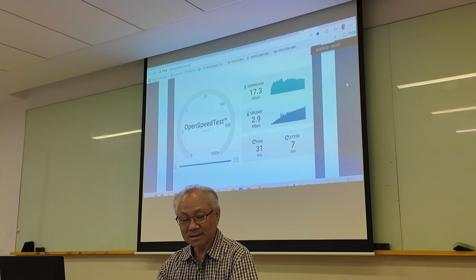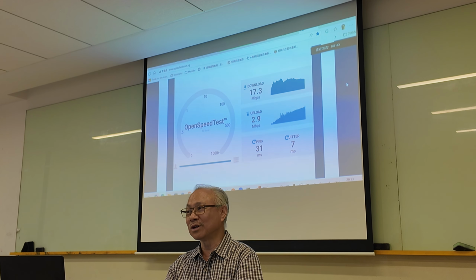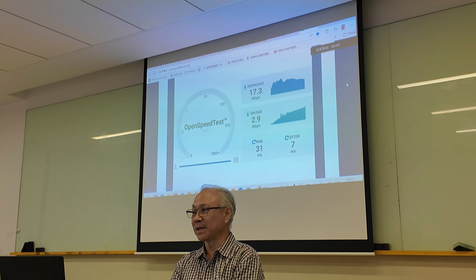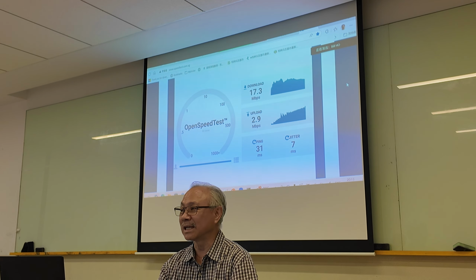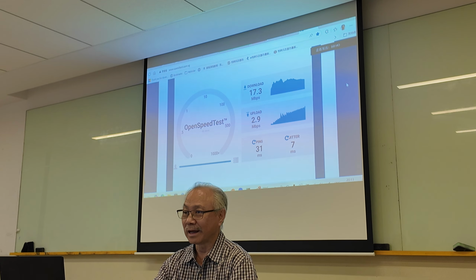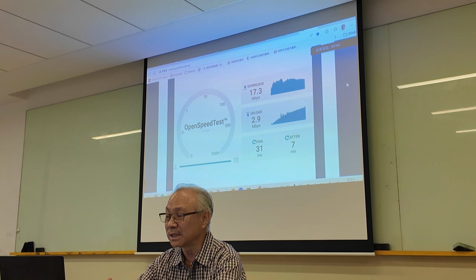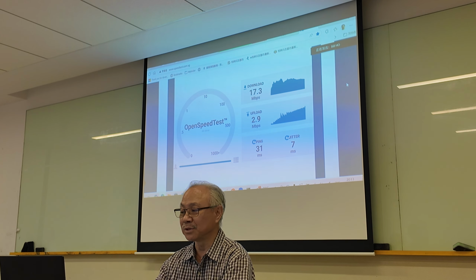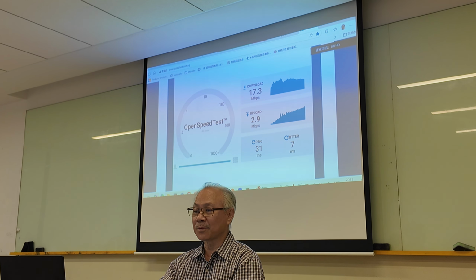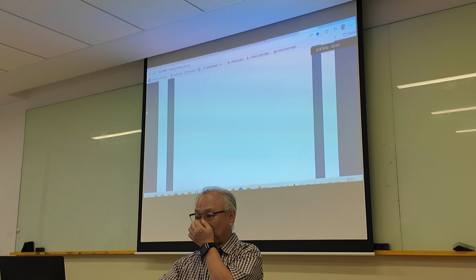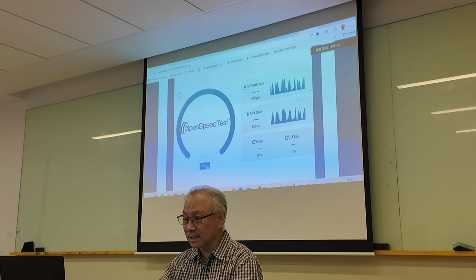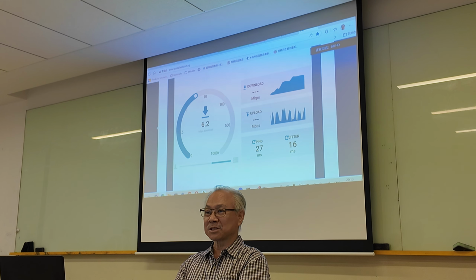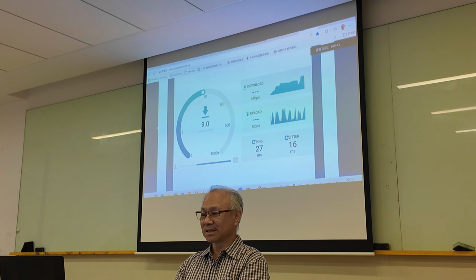So if you want to know, there are some apps that can tap all the information, talk to the base station and give you the exact information. With this app, you can do some research on this. Of course, the speed measurement is very poor with this, it's for distance instead of speed.